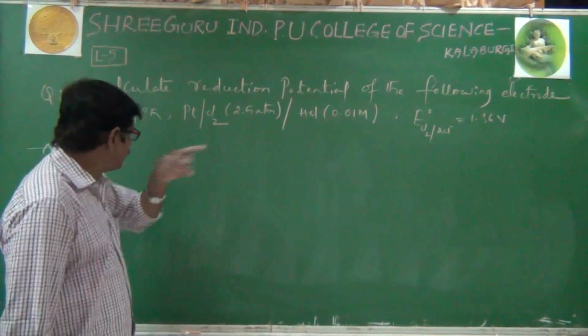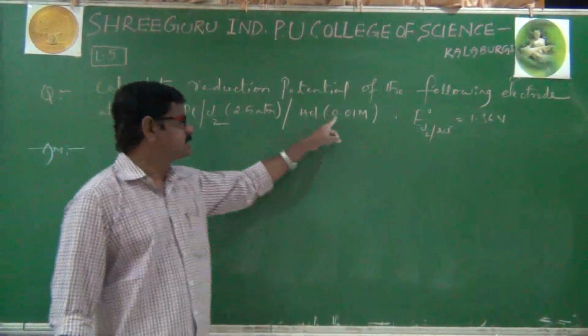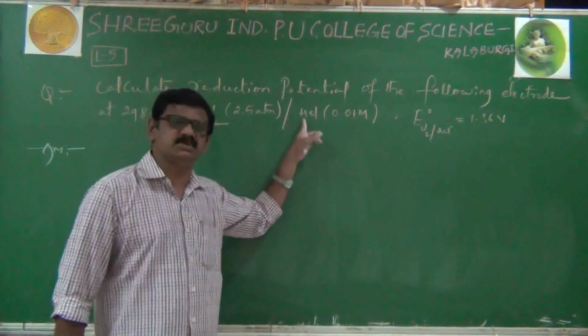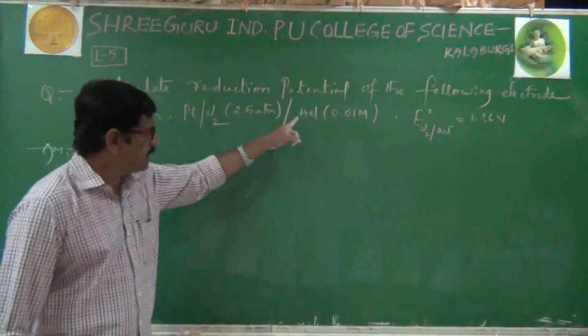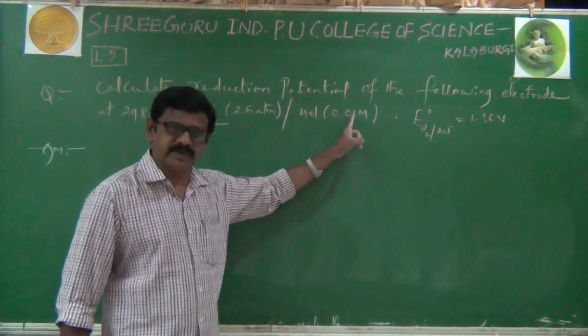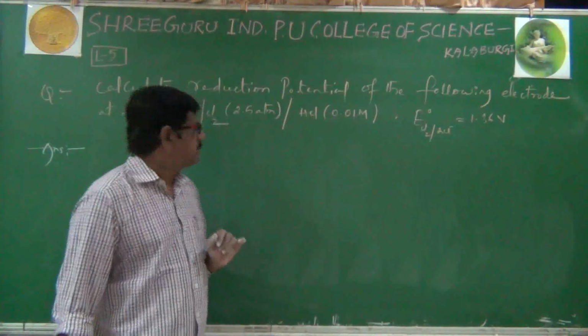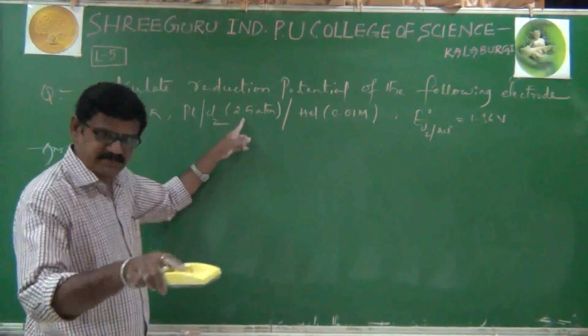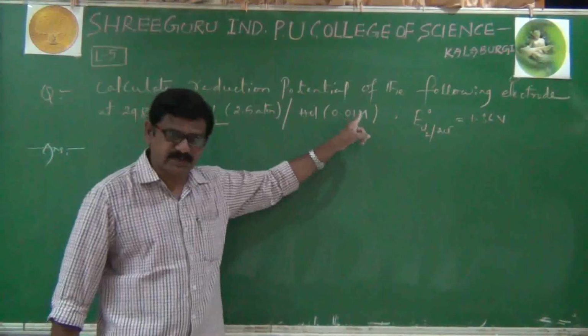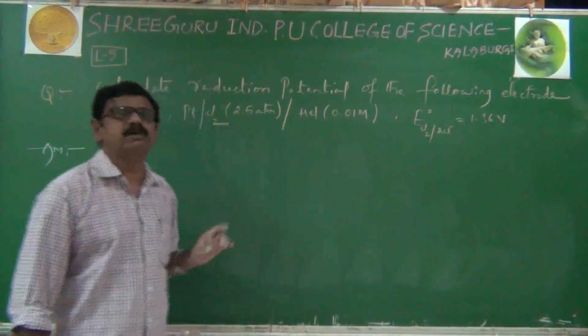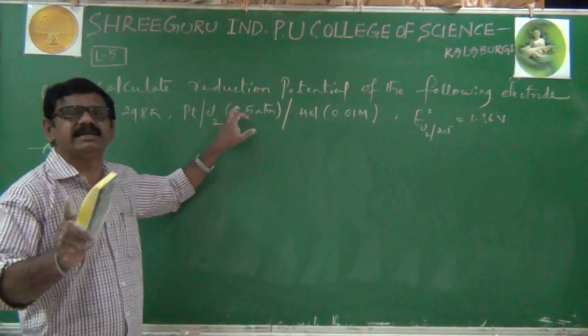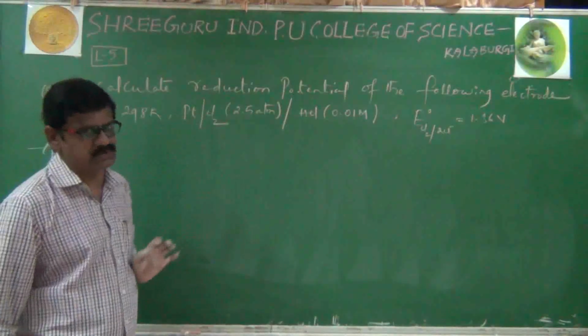Next, that platinum is dipped in 0.01 molar HCl solution. Means at 2.5 atmospheres and 0.01 molar concentration, how much potential will be generated for chlorine is what is being asked.